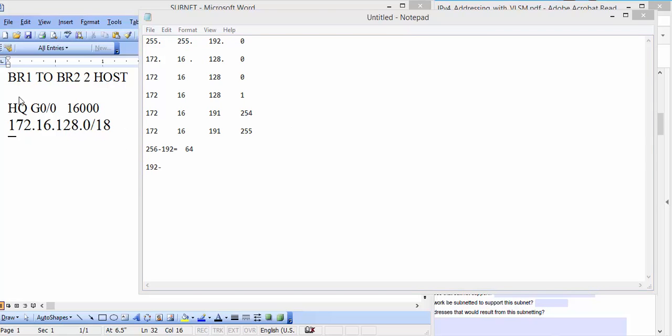So we write that for HQ gigabit 0/0, the host range.